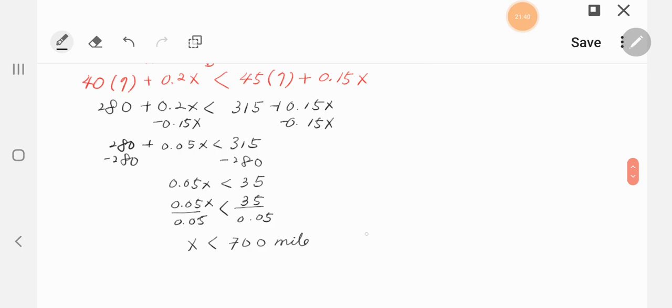Then what is the maximum mile in integer? Isn't it 699, right? If you are not sure, let's check this. Let's say this is 700. One less than this is 699, and another one is 698.